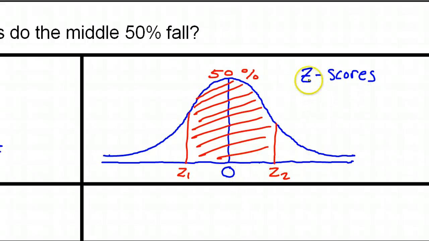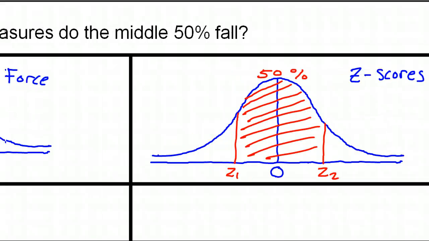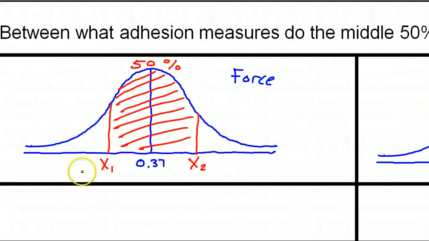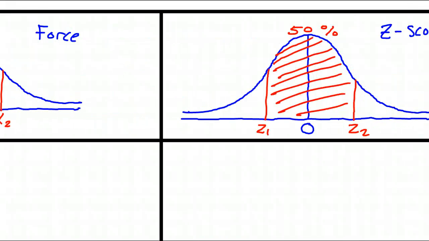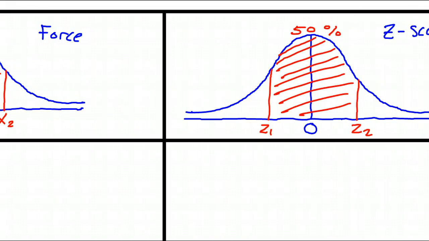And you must include the label of z-scores. Anyway, our goal is to find these x values. How will we do it? Well, the key is first we have to figure out what these z-scores are.